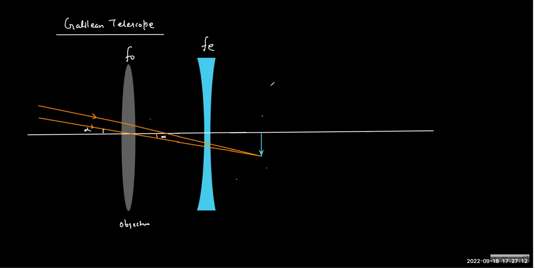concave, and we know the idea of concave. So this is the first image, and the first real image of the objective will act as the virtual object for the eyepiece.